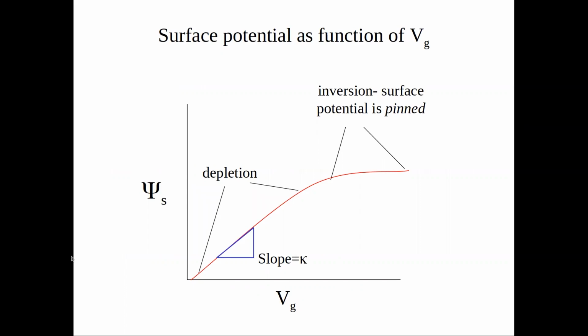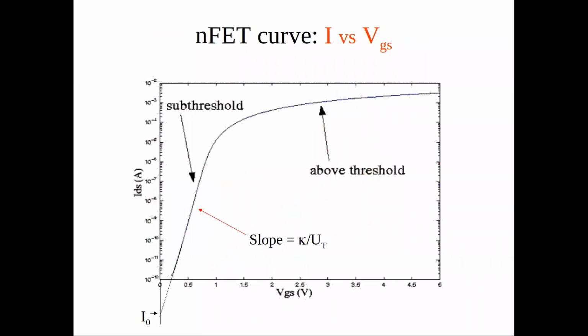In practice, it determines the slope of this curve. So the slope of this curve is kappa over UT. UT is the thermal voltage, to first order approximation at constant room temperature 25 millivolts. Kappa is about 0.6, 0.7, and that's how you get your slope.